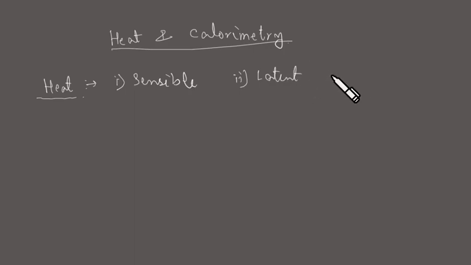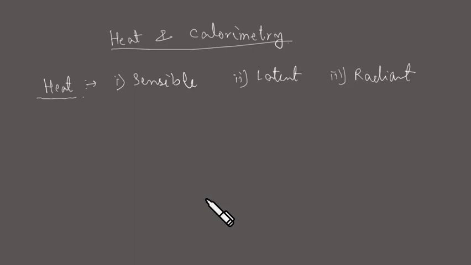And thirdly is the radiant heat. What is radiant heat? Radiant heat is the heat which travels by radiation. For example, heat travels from the sun to our earth by radiation.